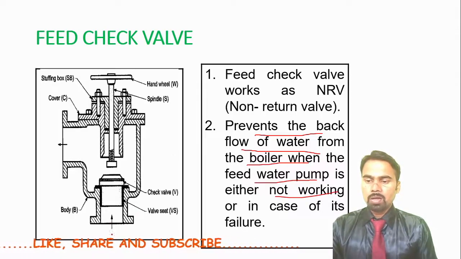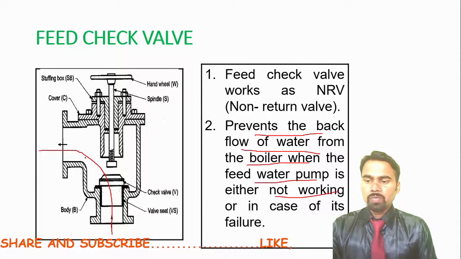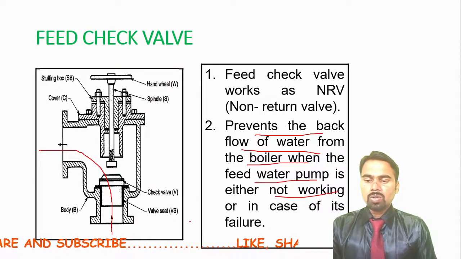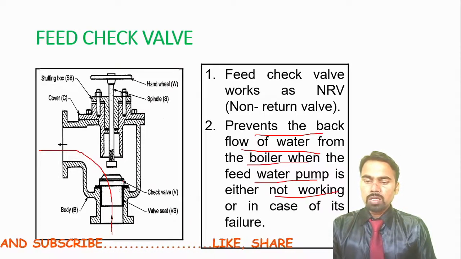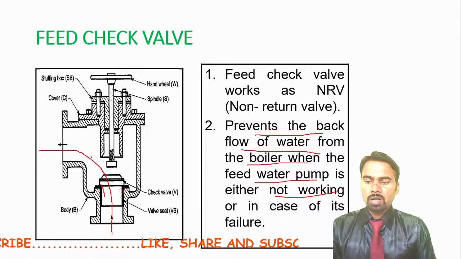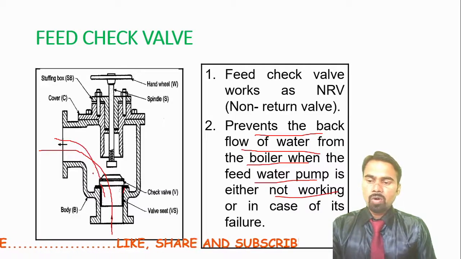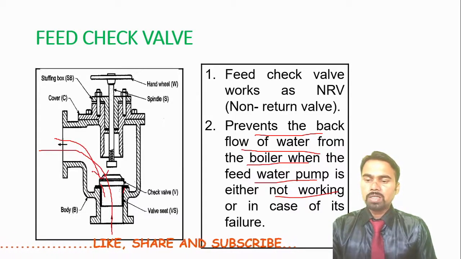For example, here we can send the water only in this direction. If the pump is not working or the boiler is not working, this part will rest here again, and it prevents the backflow of water. So that is the feed check valve.